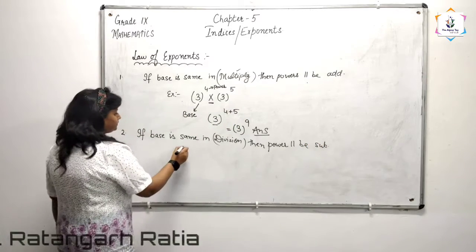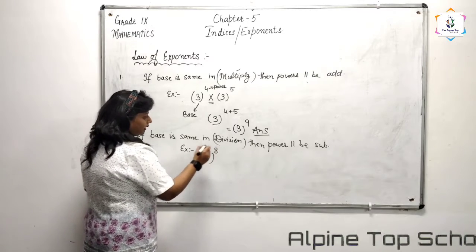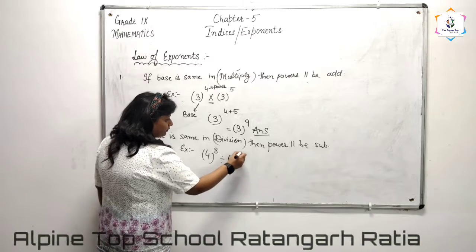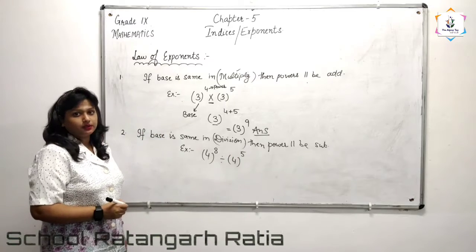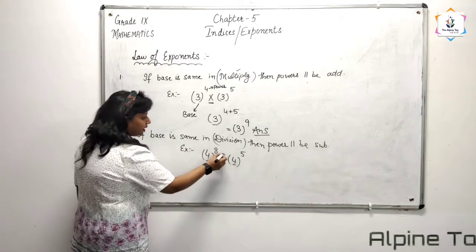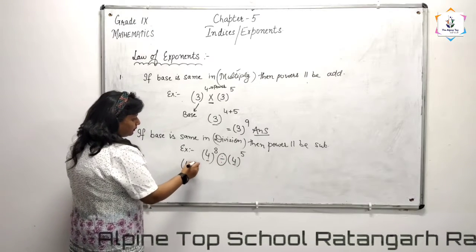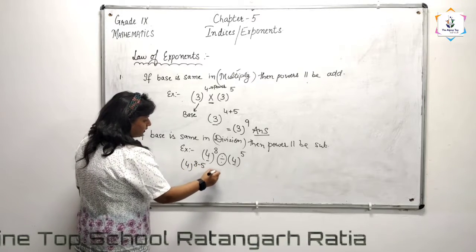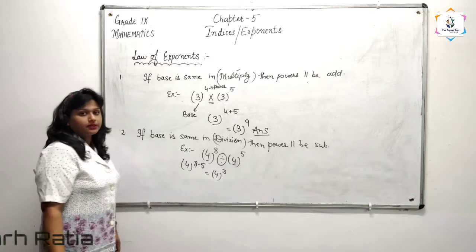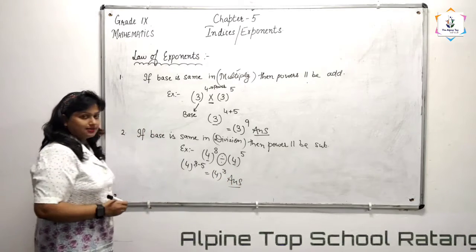For example, 4 raised to power 8 divided by 4 raised to power 5. Clear? Now see, the base is the same and which sign is given to you? Division sign. So here powers will be subtracted. So 4 raised to power 8 minus 5, it's 3. So 4 raised to power 3 is your answer.